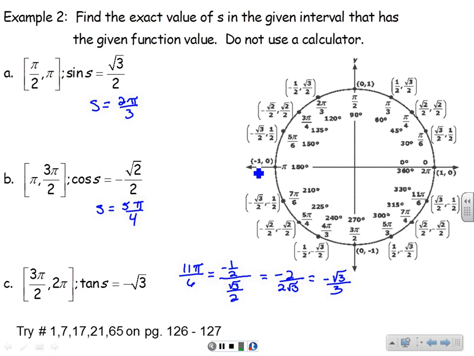So we know it's not 11 pi over 6, so through process of elimination, we know that it's going to be 5 pi over 3, but let's make sure. 5 pi over 3 is going to be negative radical 3 over 2 over 1/2. Basically, it's just the reciprocal, so we know it's going to be it. Negative radical 3 over 2 times 2 is negative 2 radical 3.